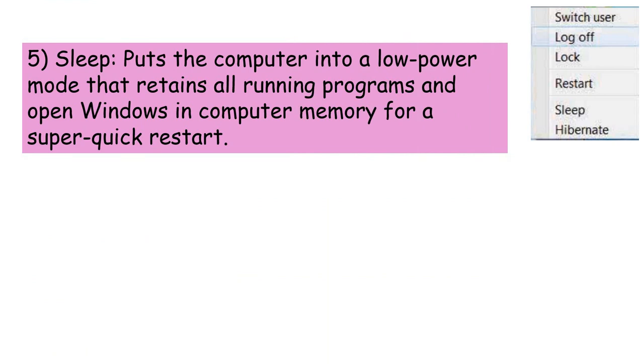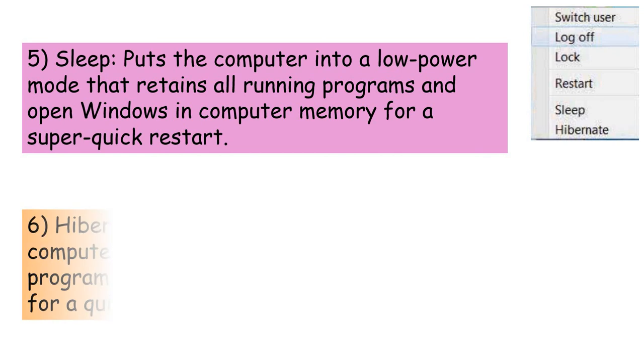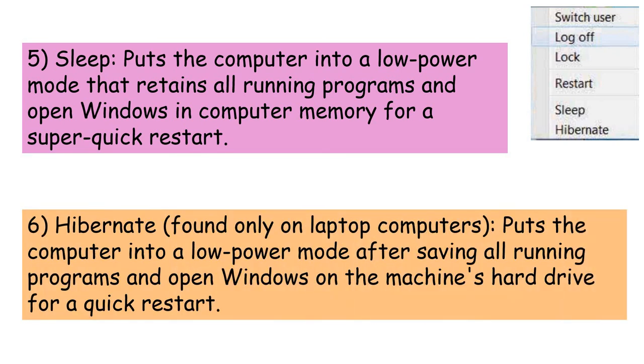The sleep option puts the computer into a low power mode that retains all running programs and open Windows in computer memory for a super quick restart. Hibernate. This option is found only on laptop computers. It puts the computer into a low power mode after saving all running programs and open Windows on the machine's hard drive for a super quick restart.